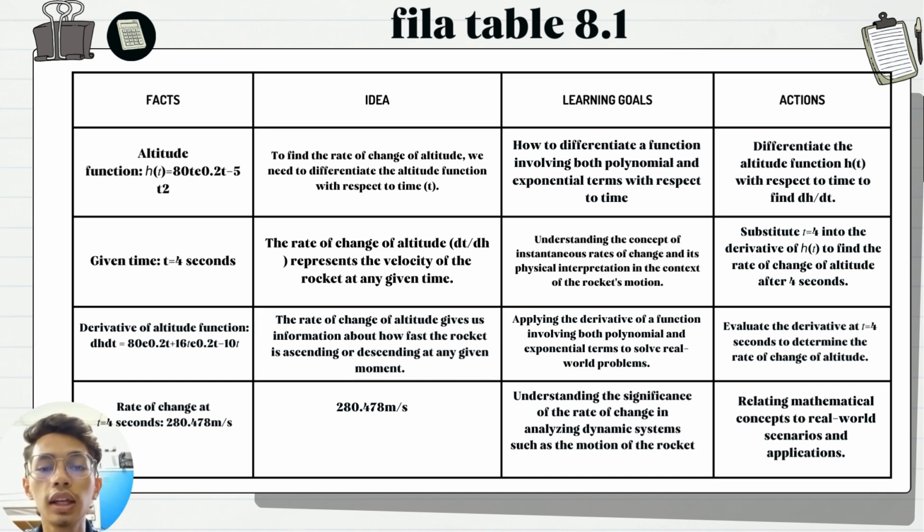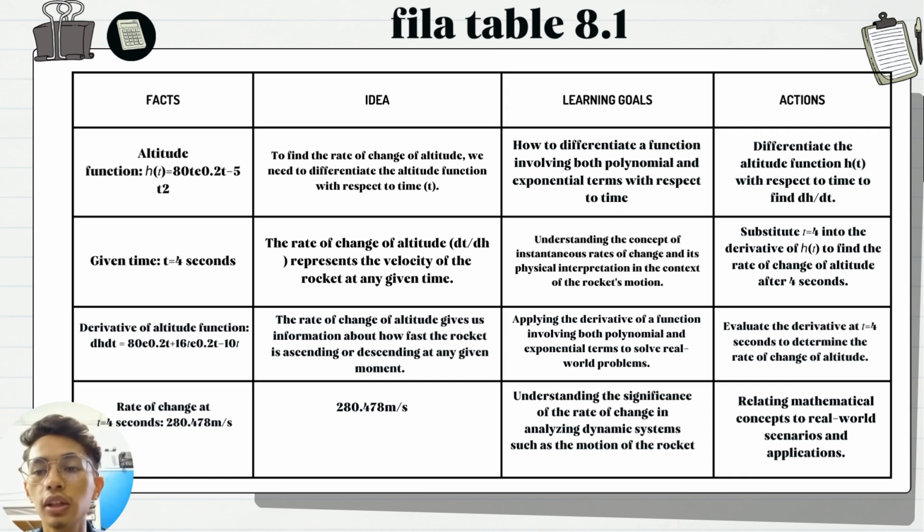So for the last set of answers for filler table 8.1, the fact is the rate of change at t equals 4 seconds is 280.478 meters per second. For the idea, we get to know that the answer is 280.478 meters per second.